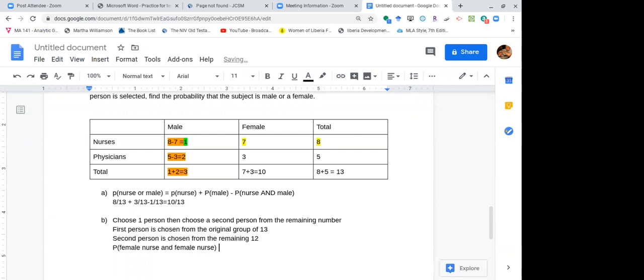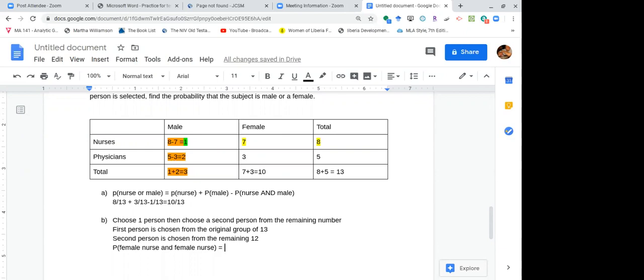Are you okay there? With what I said? Now, always when you're doing this, it is complicated, but try not to make it harder than it is. So start with the first person first. Find the female nurses on your chart.